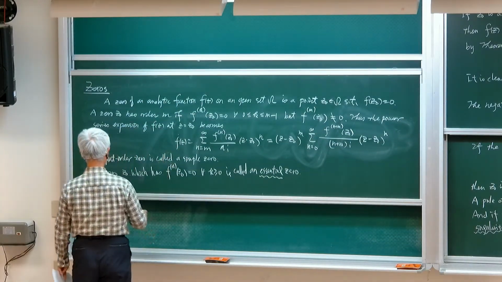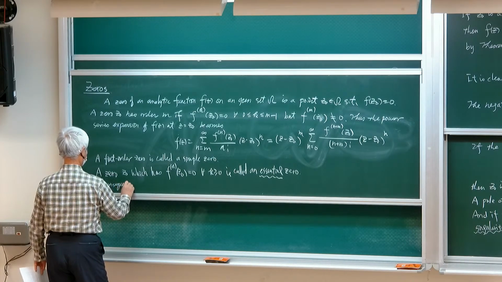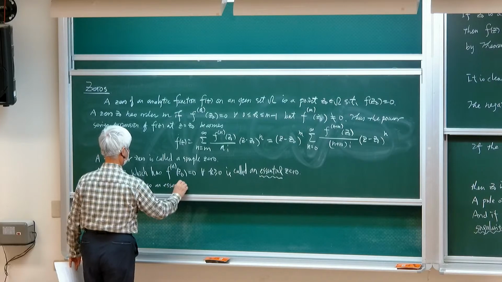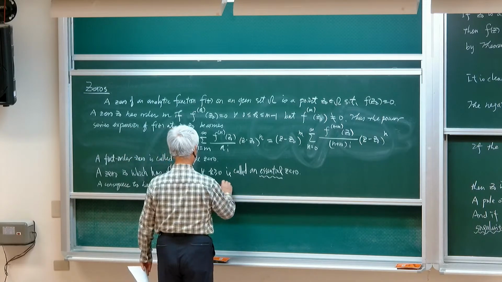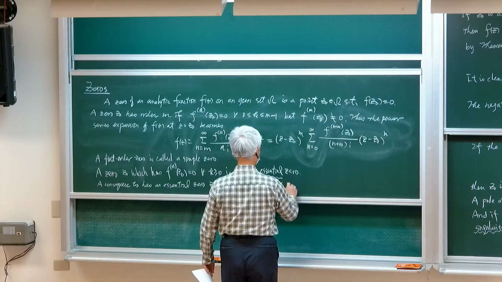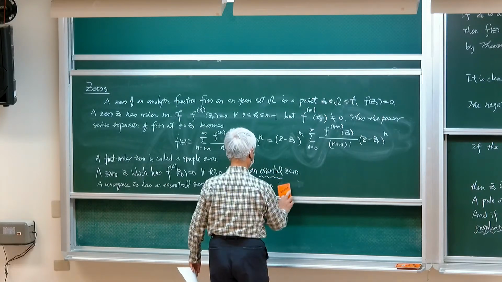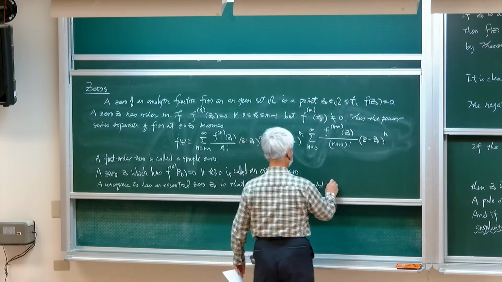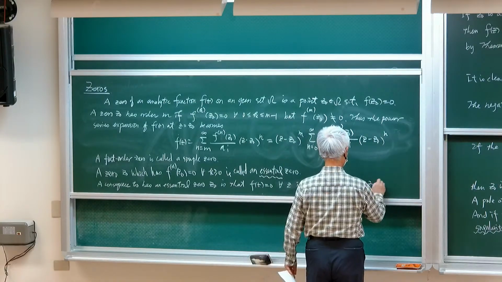A consequence of having an essential zero is that f of z is 0 for all z in a neighborhood of z0 in omega.